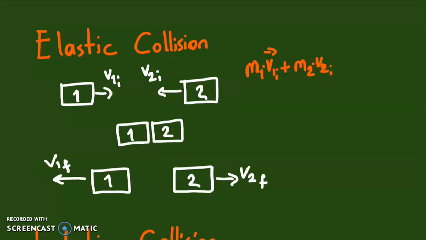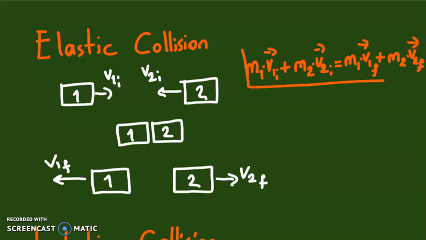There is no impulse, that's why this equals the mass of object 1 times the velocity of object 1 final plus the mass of object 2 times the velocity of object 2 final. That is the equation we'll be using in order to solve conservation of momentum problems.